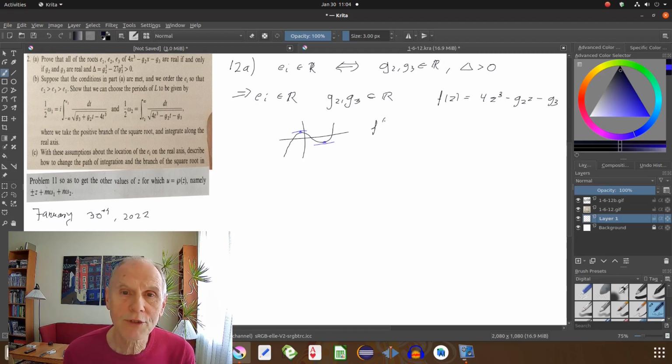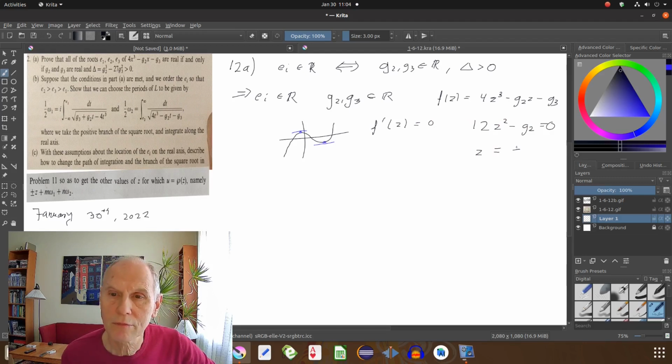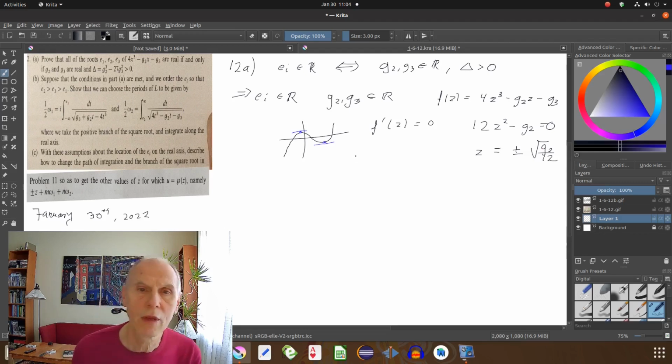So we solve that the derivative vanishes. It's actually symmetric, all right? So let's compute the values of these 2 points.